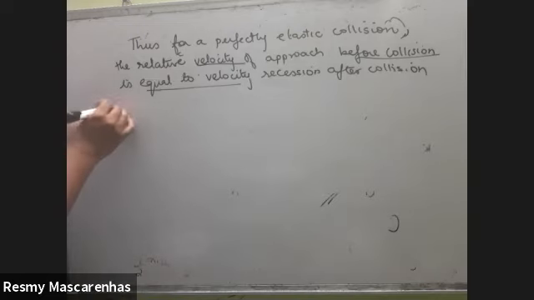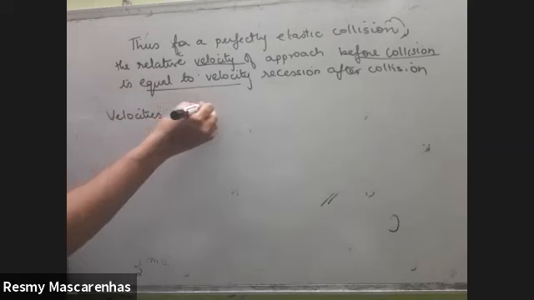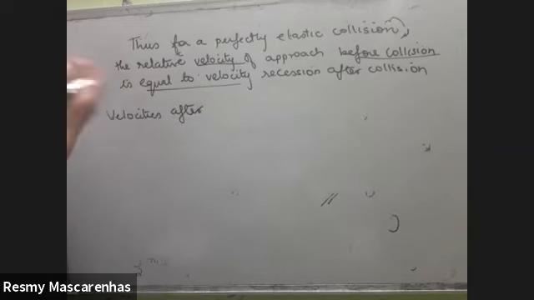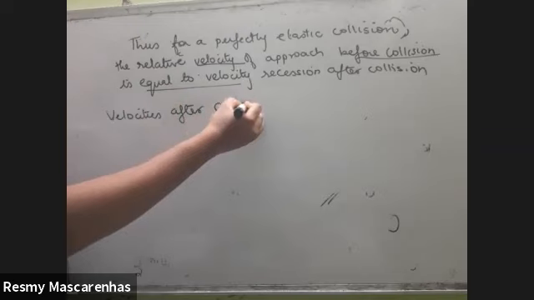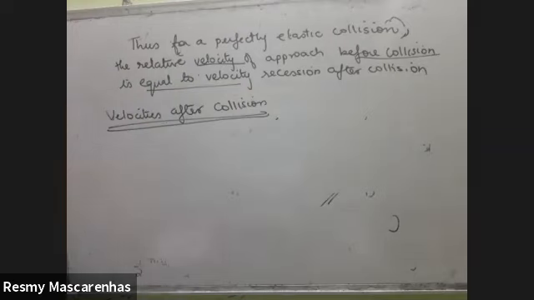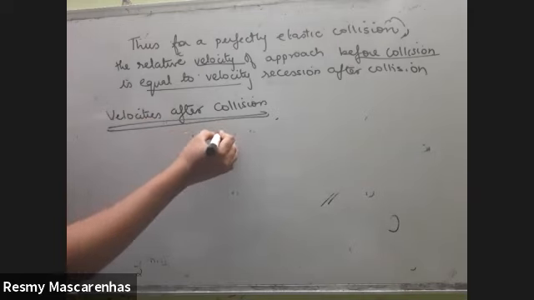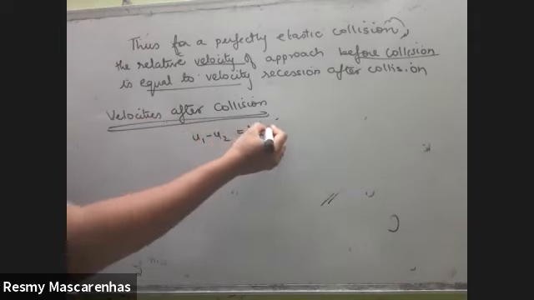Next part is velocities after collision, meaning to calculate what V1 and V2 are after the collision. Just now what we got as the answer, we know that U1 minus U2 equals V2 minus V1.